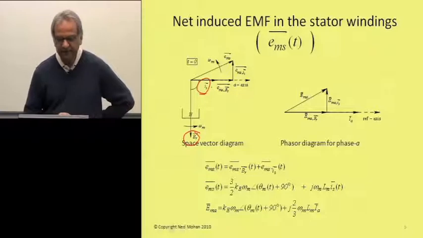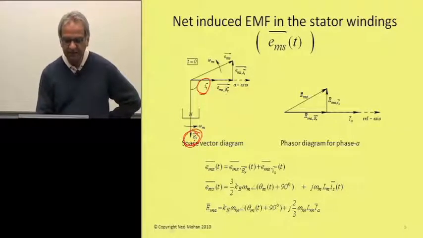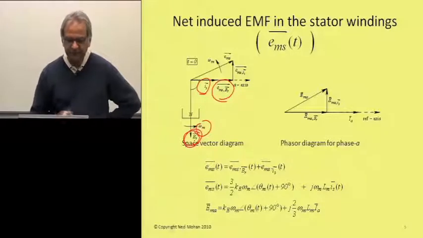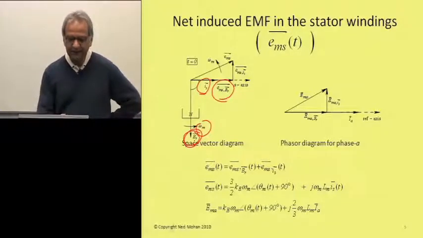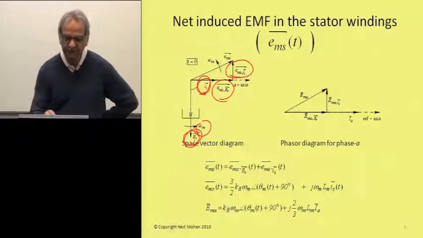So we can see that in this case, due to B sub r space vector rotating at speed omega sub m, we have this induced EMF in the stator phase windings represented by the space vector. And then due to this current I sub s, we have induced EMF, which is also 90 degrees ahead of I sub s, given by this space vector over here.